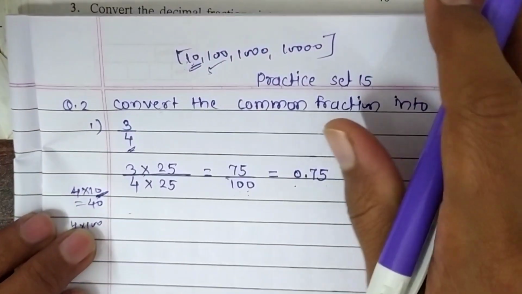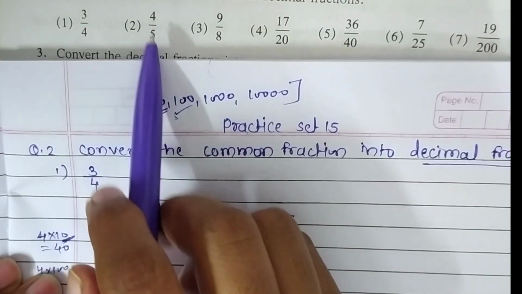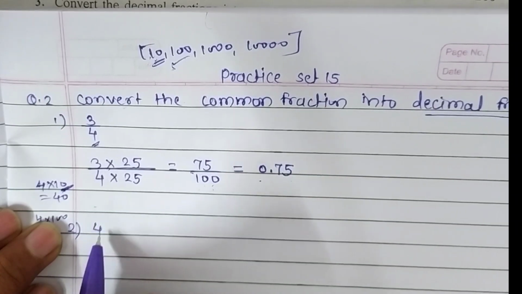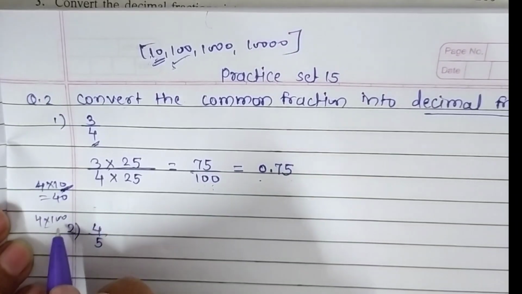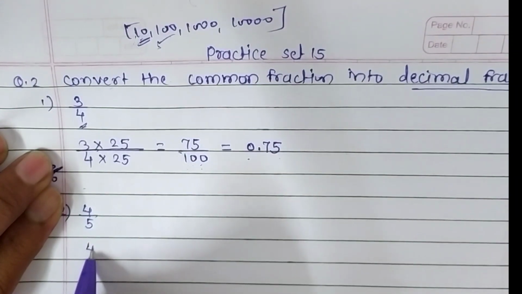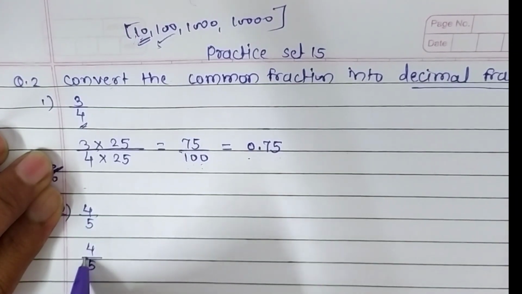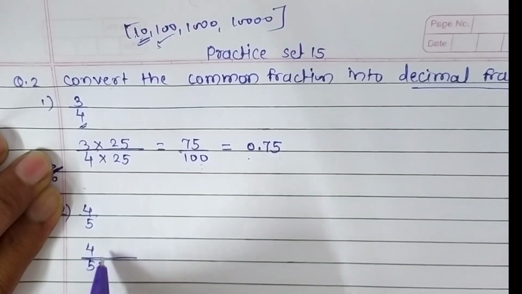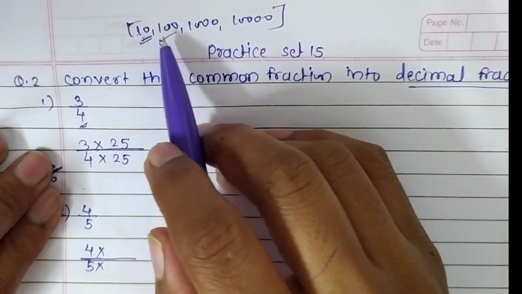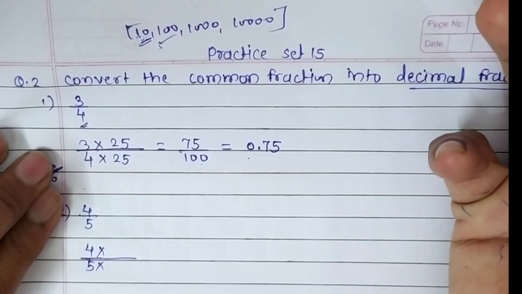Now look at the second question. The second question is 4 upon 5. So just think, for 5, by which number do we get 10, 100, 1000 or 10,000?